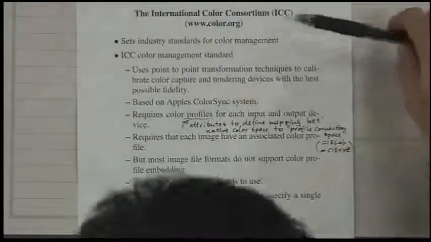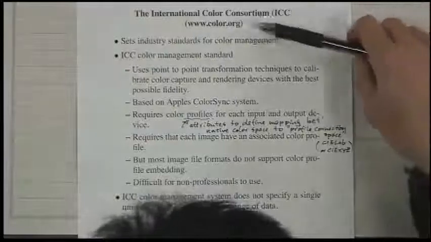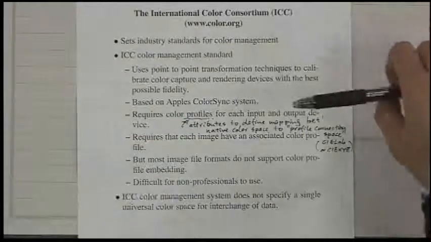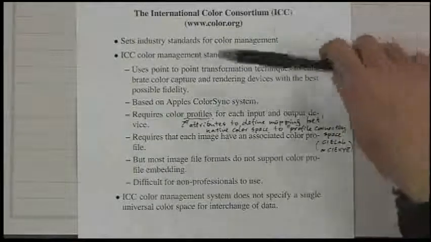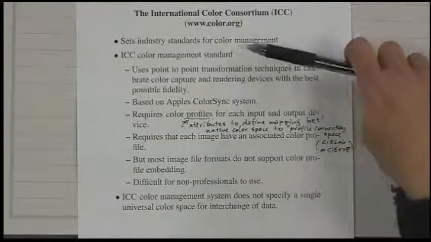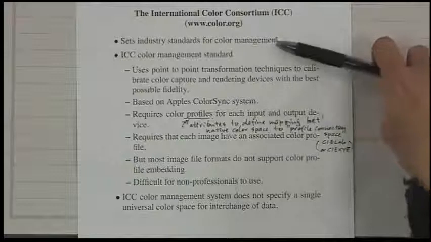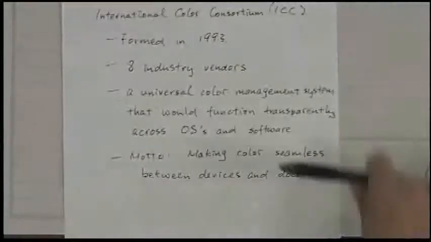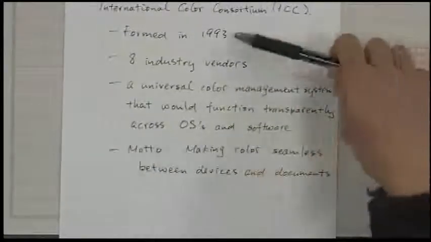So the next thing we talk about is the International Color Consortium, ICC. It's basically an organization that sets industrial standards for color management. I looked up some information, and this is basically what you find on Wikipedia.